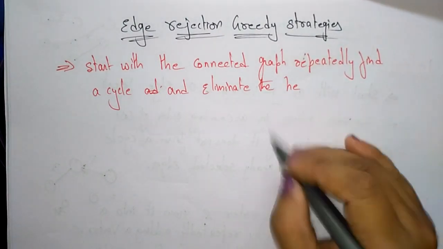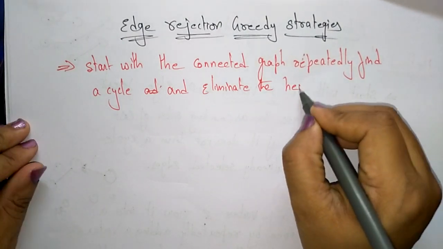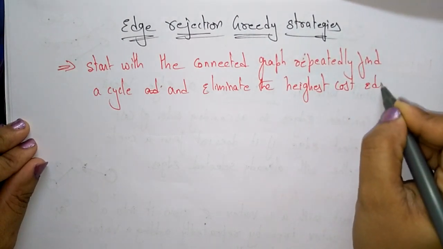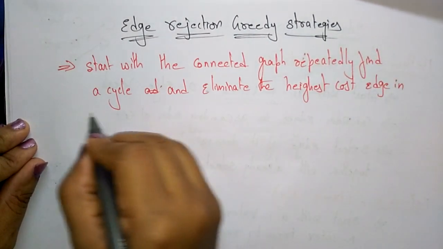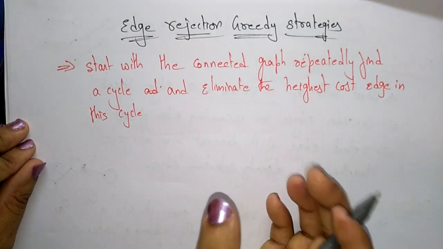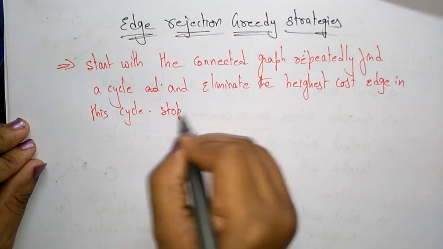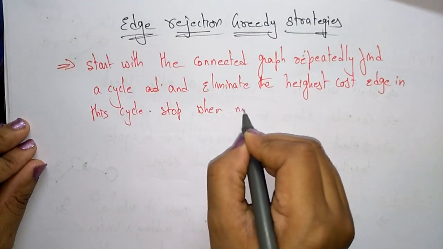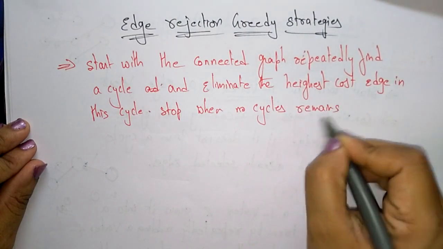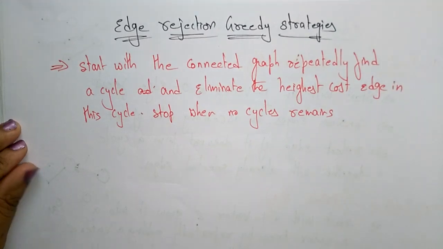Wherever a cycle is forming, you eliminate the highest cost edge in that cycle. So in this cycle, whichever edge has the highest cost, you just remove that edge. Stop when no cycles remain. So just look at the cycles, don't check all the edges. Wherever the cycle is forming, you just check those edges.